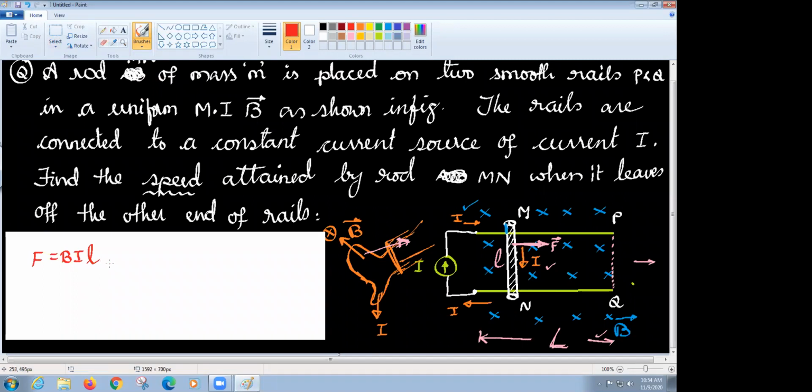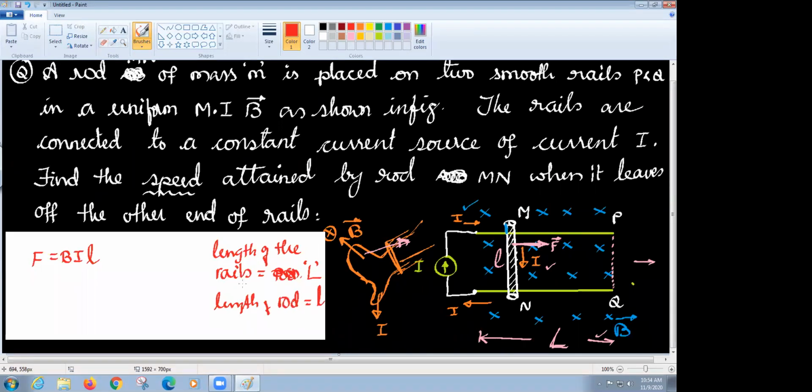Now we took the length of the rails PQ as capital L.